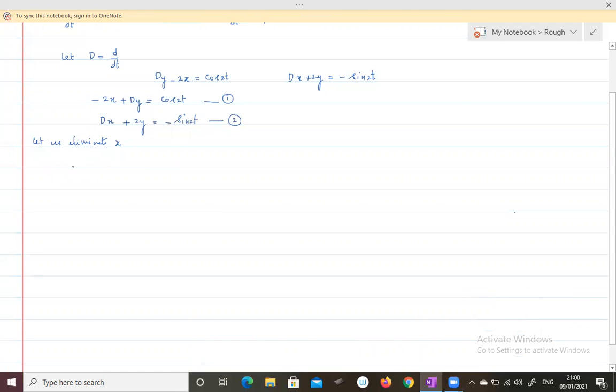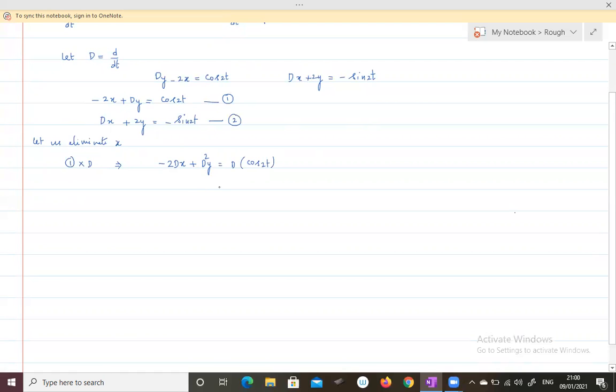So I am going to multiply the first equation by D, which will give minus 2 Dx, as 2 is a constant, plus D square y equal to D of cos 2t.